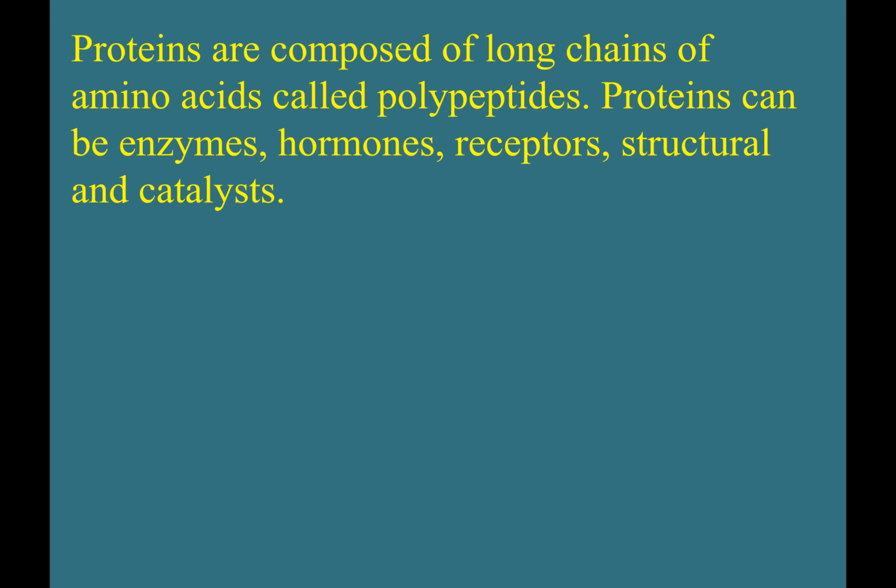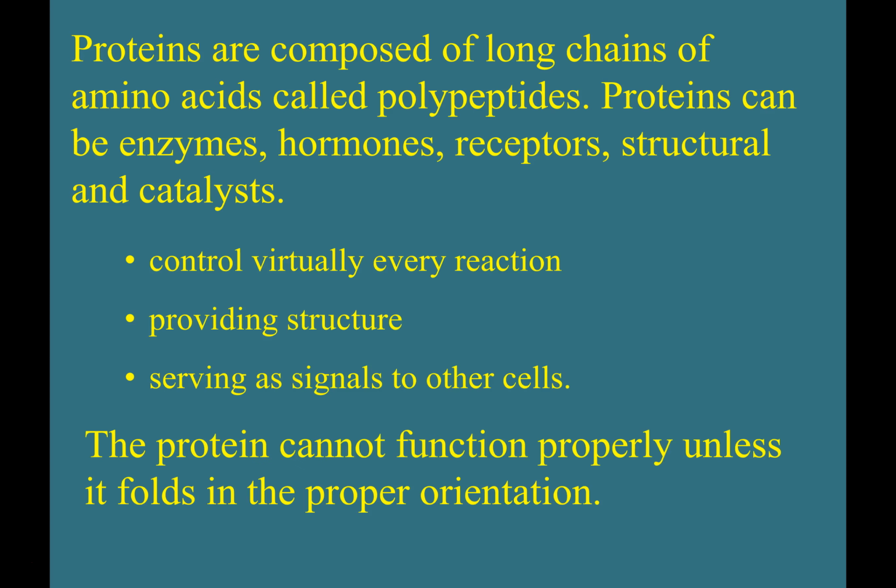So proteins, in essence, are long chains of amino acids called polypeptides, and they will not function until they fold. Examples of polypeptides would be enzymes, hormones, receptors, and they can also be structural as well. So those are what proteins are. And proteins pretty much control everything.